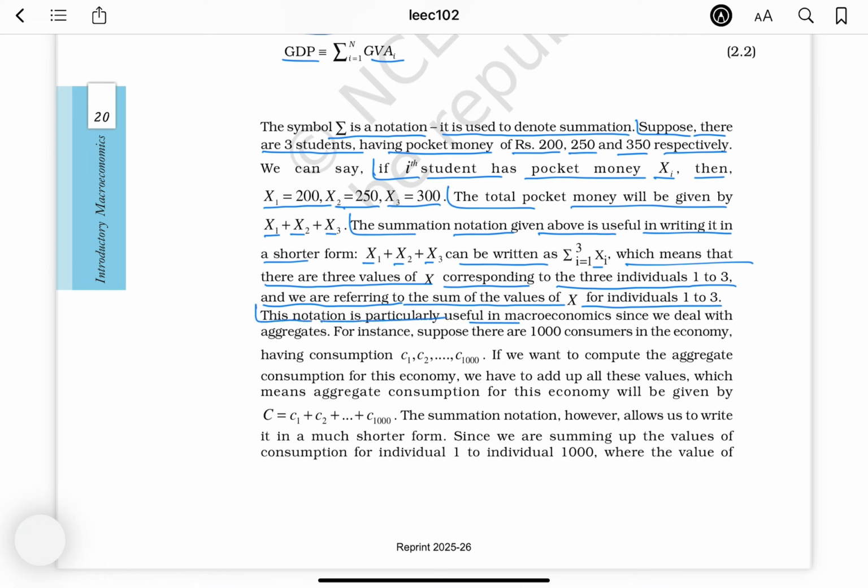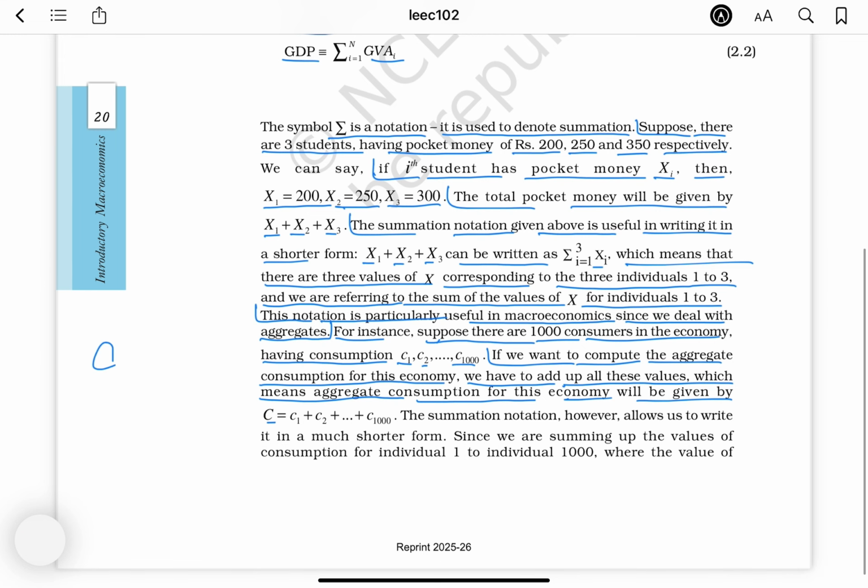This notation is particularly useful in macroeconomics since we deal with aggregates. For instance, suppose there are 1000 consumers in the economy having consumption C1, C2 up to C1000. If we want to compute the aggregate consumption for this economy, we would have to add up all these values, which means aggregate consumption for this economy will be given by C equals C1 plus, we will add all of them up to C1000.